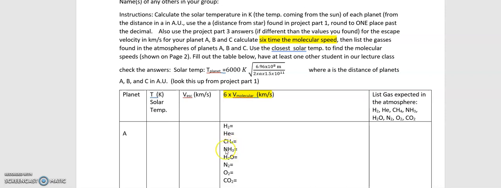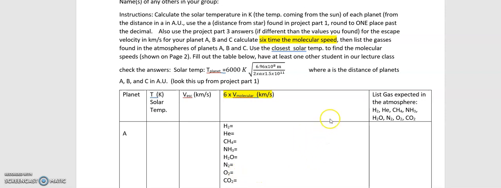CH4 is methane. This one, NH3, that's ammonia. And that's, of course, water. N2, that's nitrogen. O2, that's oxygen, and the last one is carbon dioxide. So these are the common molecules that we'll find.